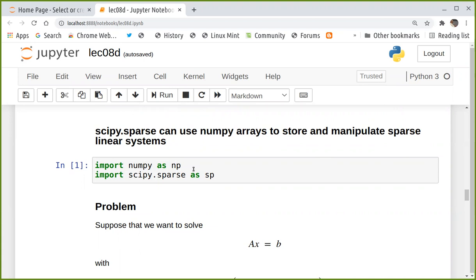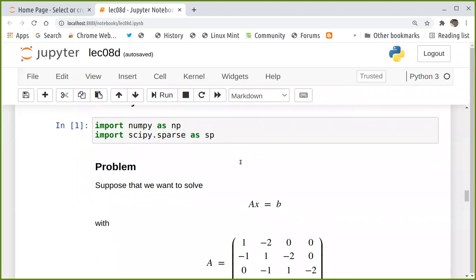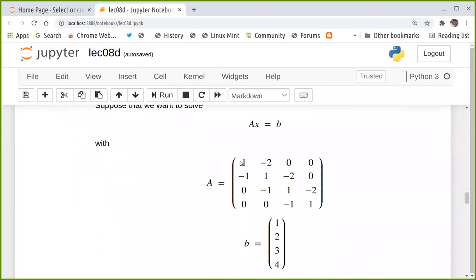The method that we're going to call from the sparse module requires these numpy arrays as inputs. And we're going to import the sparse module, so import scipy.sparse as sp. Okay, so we want to solve Ax = b.